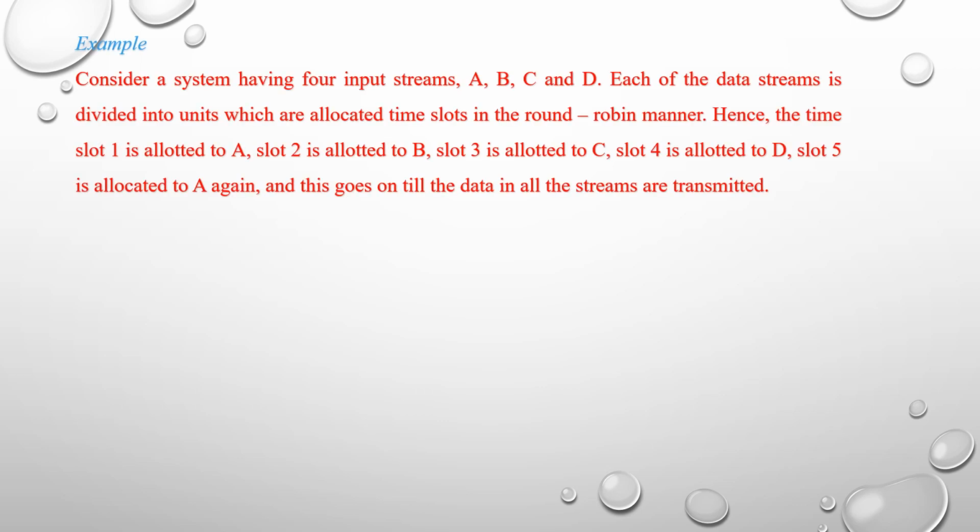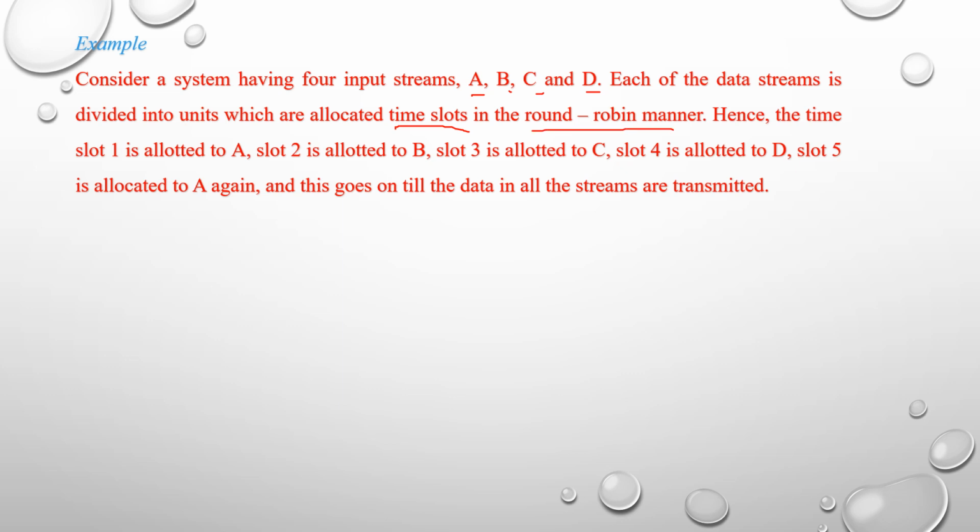Let's consider one specific example for time division multiplexing. Consider a system having four input streams A, B, C and D. Each of the data streams is divided into units which are allocated time slots in a round robin manner.